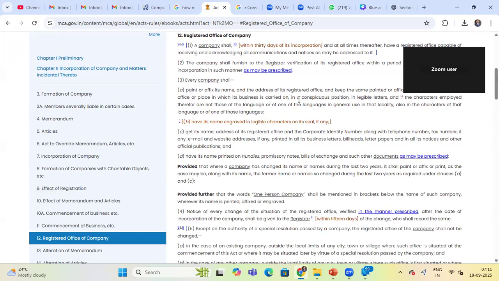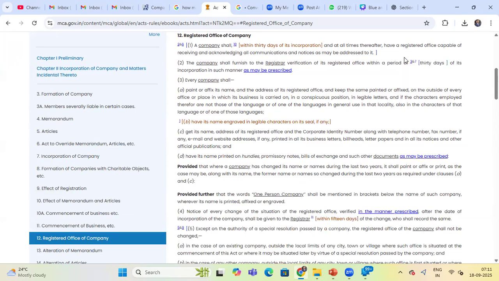Every company shall, so it is mandatory, paint or affix its name and the address of its registered office, and keep the same painted or affixed on the outside of every office or place in which its business is carried on, in a conspicuous position, in legible letters.